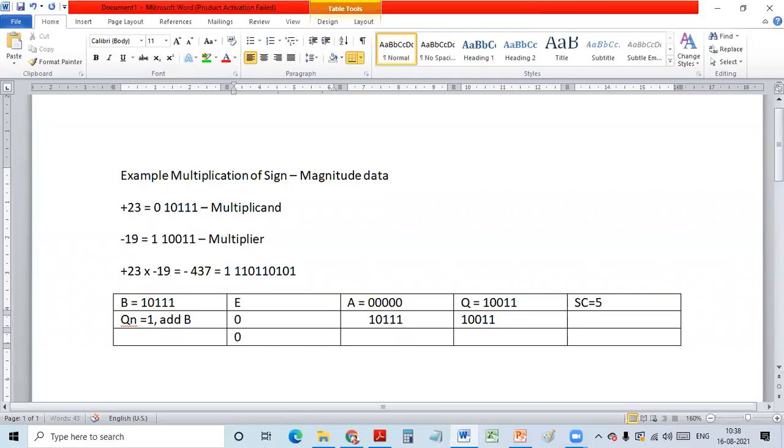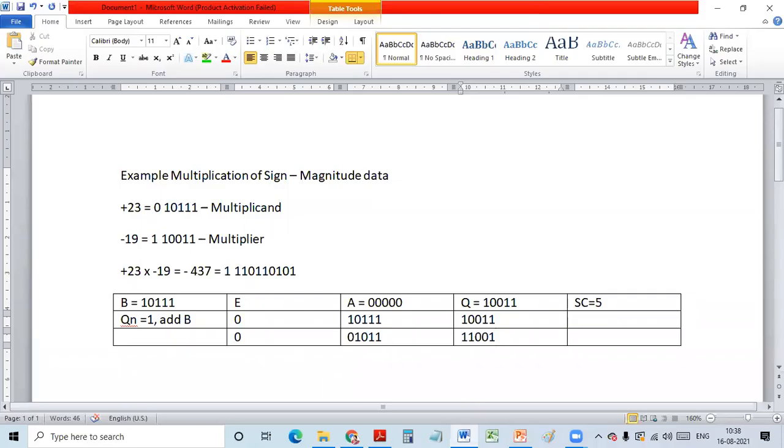So the newly added E bit is 0, and after shifting, here we'll be getting 1, 0, 1, 1, and this least significant bit of A will occupy the most significant bit in Q, giving 1, 0, 0, 1.